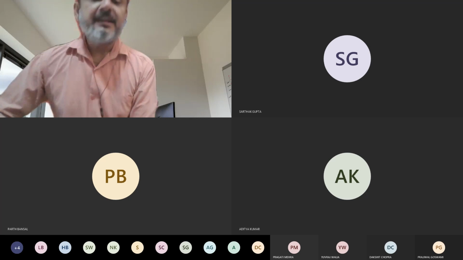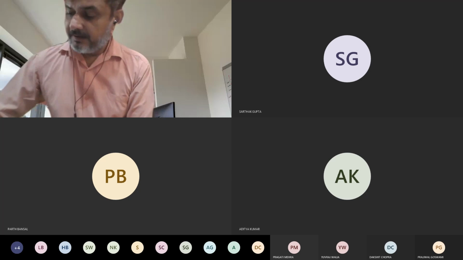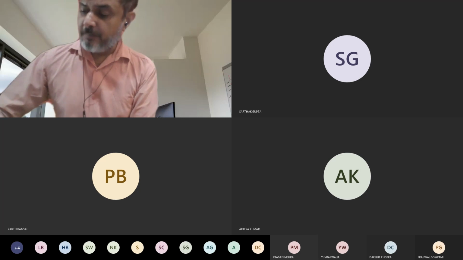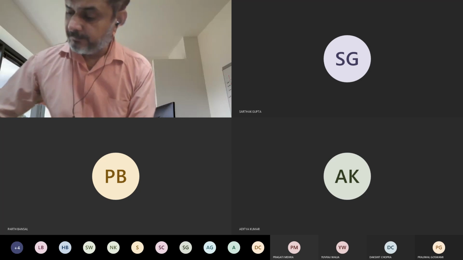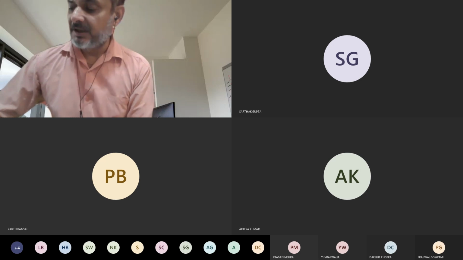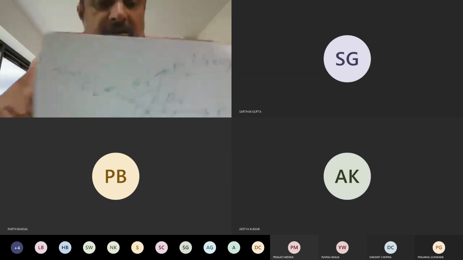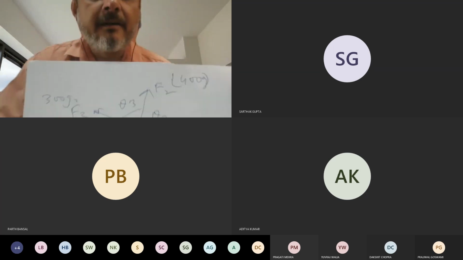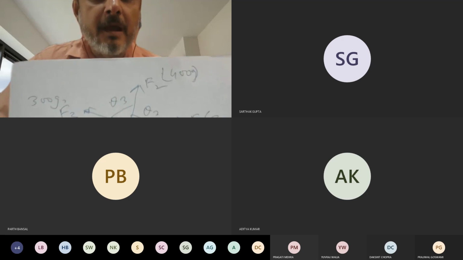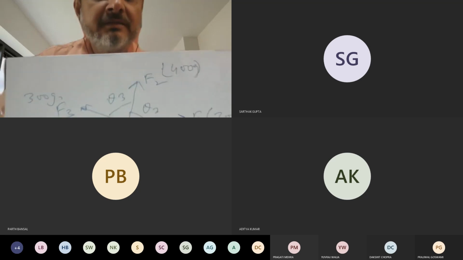It is random, I will take random values. And the magnitude of F5 is 350 grams. Okay. These are the magnitudes of these forces.